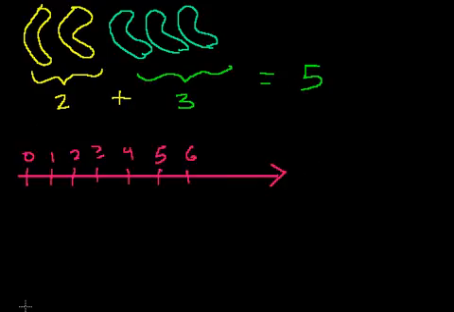So we started off with 2 bananas, and we grew 3 bananas. That took us 3 steps to the positive on the number line, so that would be 1, 2, 3. So what's the total number of bananas we have? We have 5. We started at 2, and we added 3 bananas. Okay, so that was a review of addition.